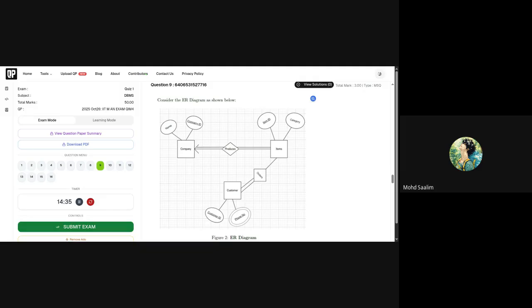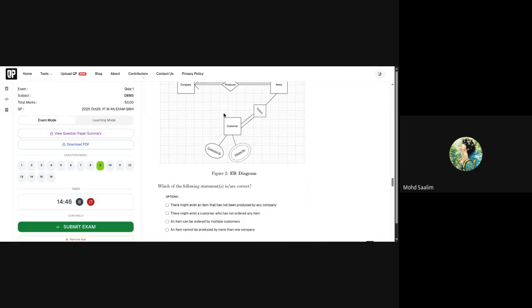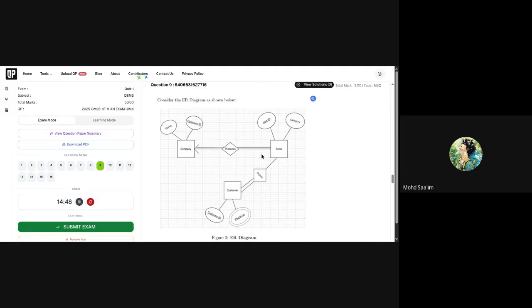Company or items? Items. Sure, you are right. The minimum number of tables required to collect this type of data in a database is 5.